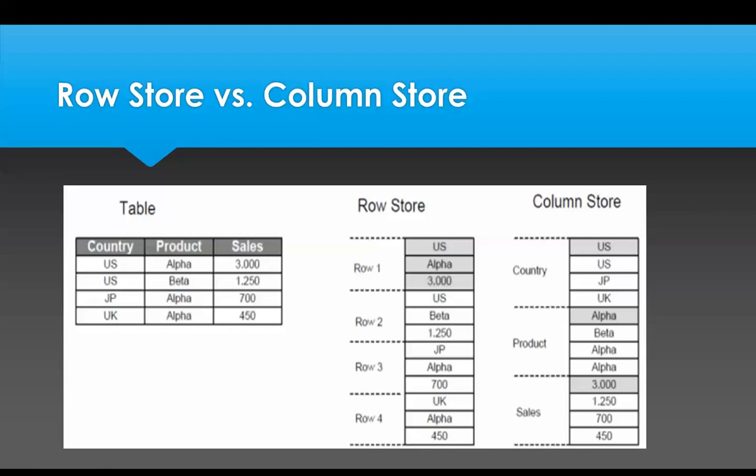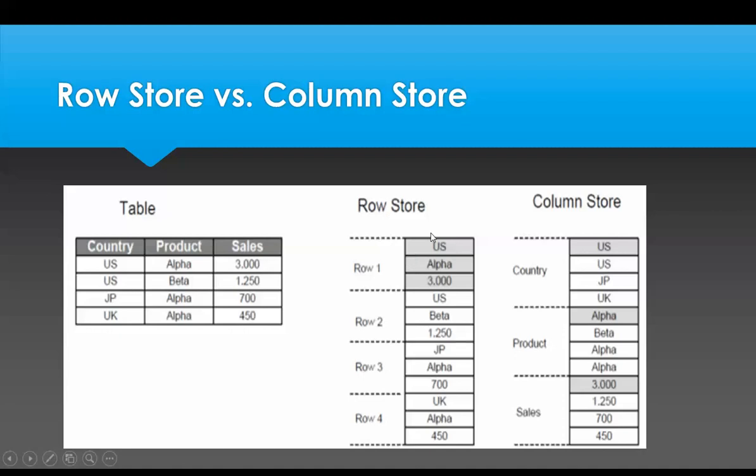What happens in column store? You can see over here the table. It has got 4 records. This is a traditional table in the form of rows and columns. In case of row storage, the data is stored as a sequence of records, each of which contains the fields of one row.